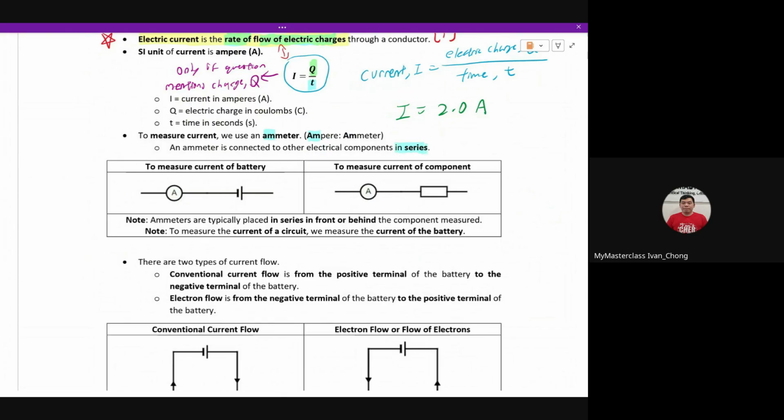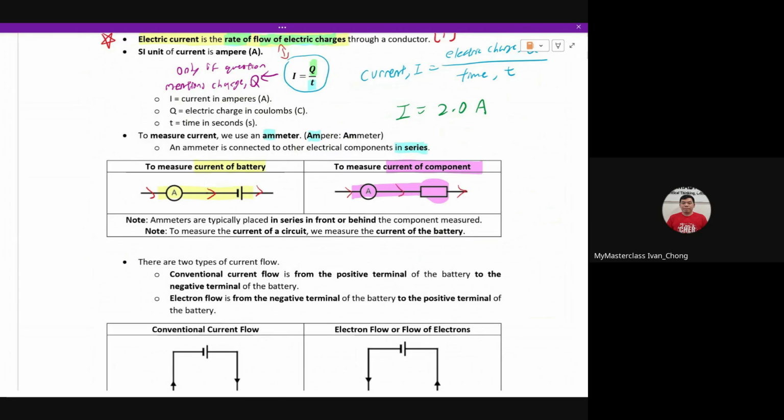If you recall from lower secondary or primary school, in series means in front of or behind the component that we want to measure. For example, if you want to measure the current of the battery, I put it in front of or behind the battery. If I want to measure a component, I put it in front of or behind that component. When your electricity flows through, the current will be the same.